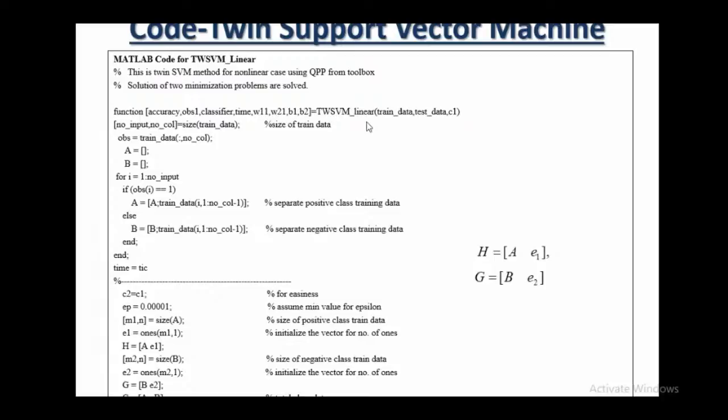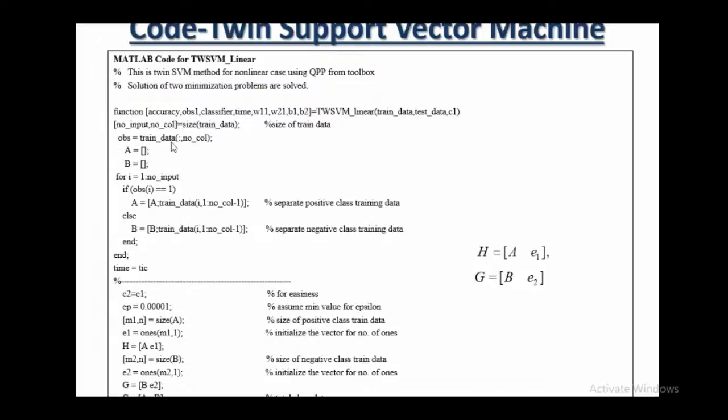Training data is obviously the training data, so you compute its size through this command. Then OBS is nothing but the last column, since train data has all the class labels, and you collect that into OBS.